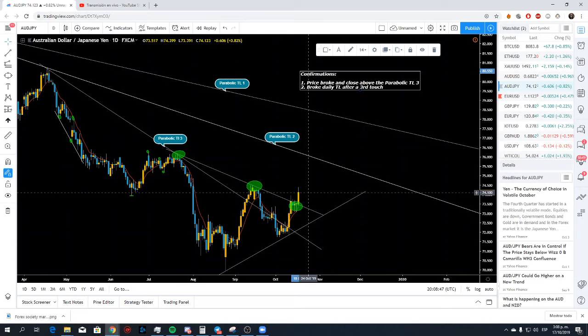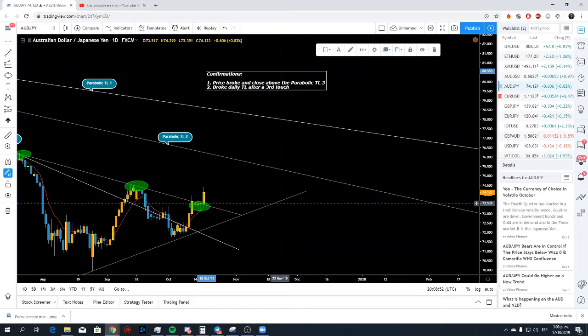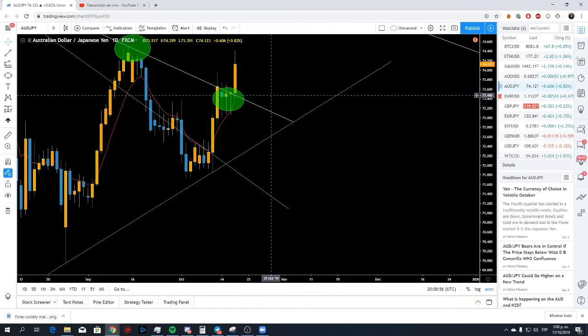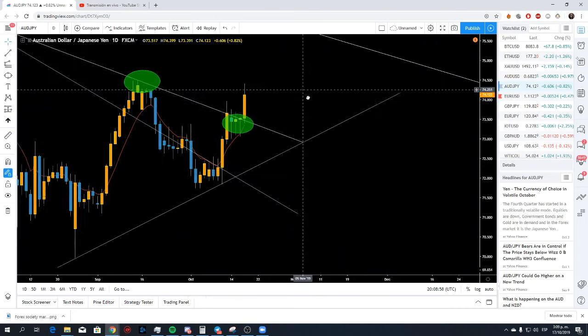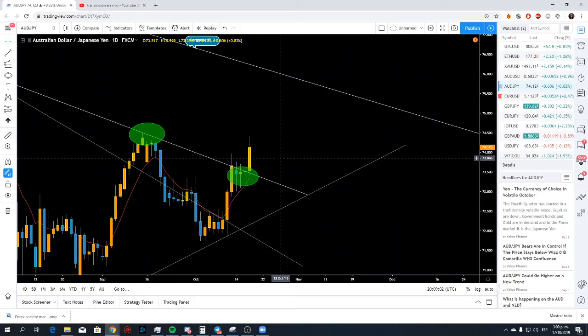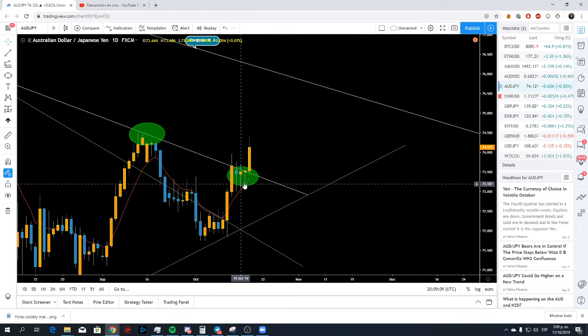And what other confirmation do we have here? If we zoom in, you can see how price created 1, 2, 3 rejections in the daily time frame.